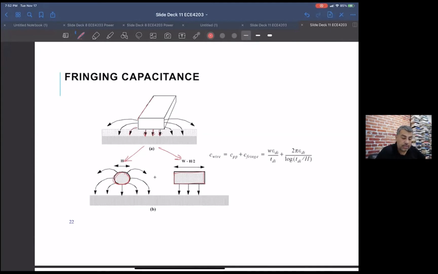And the total capacitance of the wire ends up being the capacitance of both.